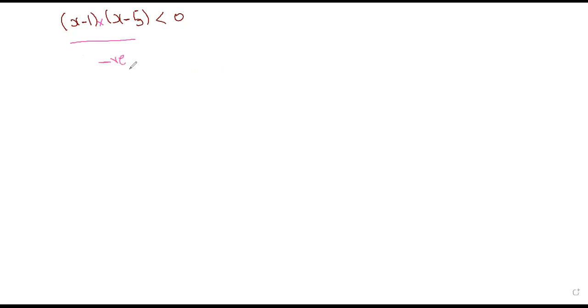So this is negative. This means that one of the two factors would be positive, one would be negative, and we cannot think about it this way. So this is how we do it. For this, you need to know the plotting. Do you know how to plot a quadratic equation?